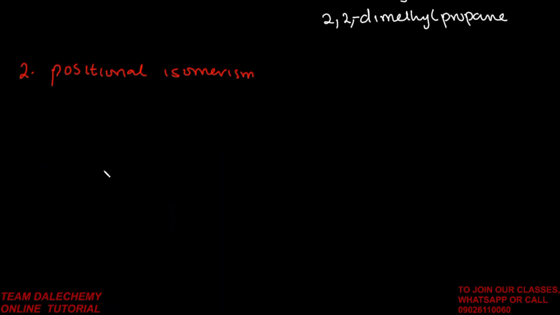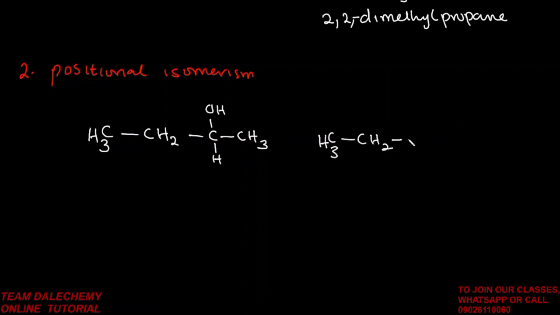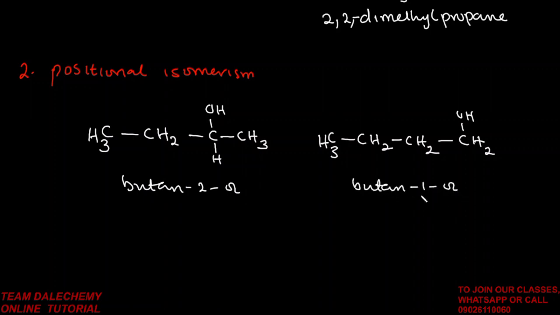For groups like alcohol, if you have butan-2-ol, as we have it here, this can be an isomer to another compound, which is the one I'm writing here, CH2 CH2 CH2 CH3 OH. This is butan-2-ol, while this is butan-1-ol. The only difference between them is just the position of this functional group.